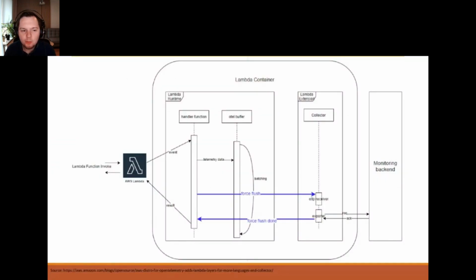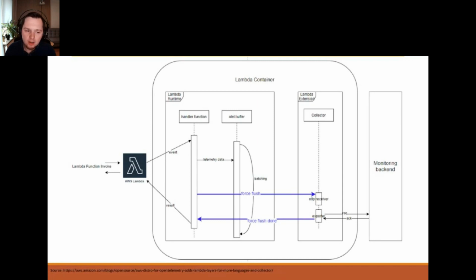So all the components are used actually to help you run OpenTelemetry in serverless applications in AWS. In this case, I will show you how to do it with Lambda. So you have a Lambda layer that will provide you with the OpenTelemetry package, and it will use the Lambda extension to run the collector.